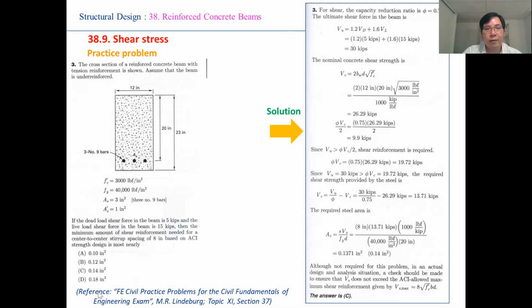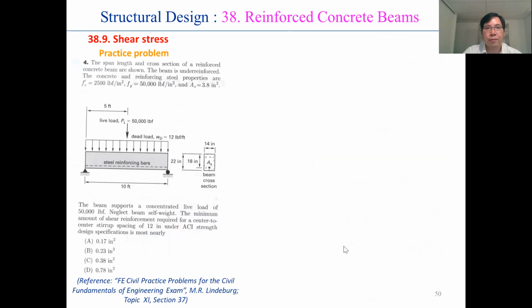You can find that the good answer is 0.14. So it is very close to the Av that you can find in this equation.